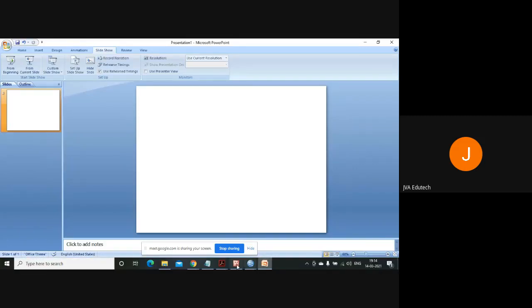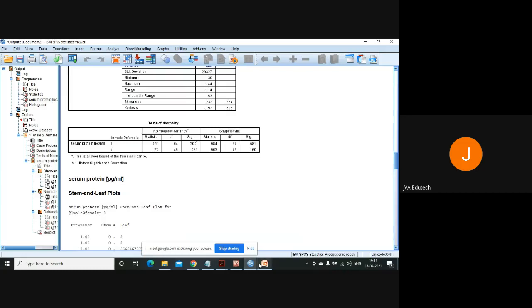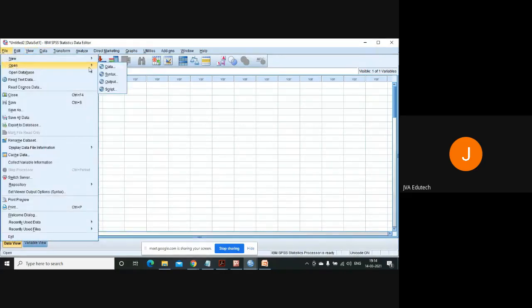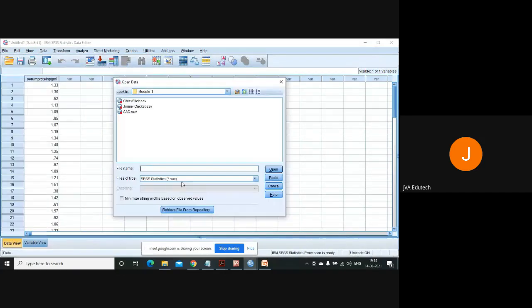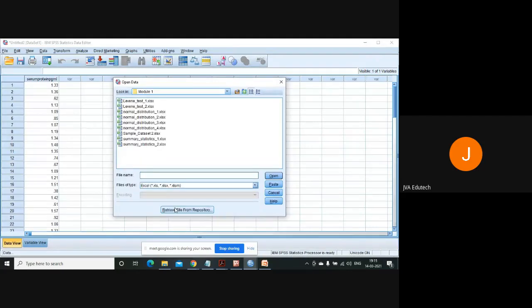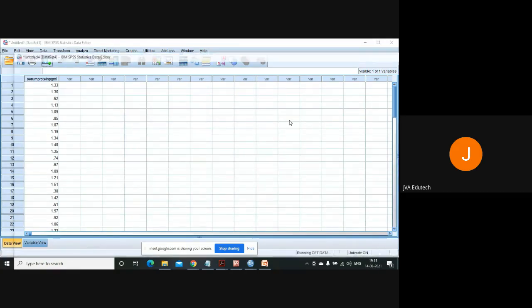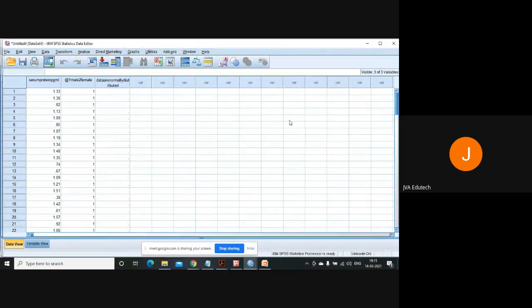Now let's see how we do this. For that, I am taking this data set. File, open, data, this Levene test. Now here you can see that we have taken the serum protein and it is distributed among two groups, males and females.